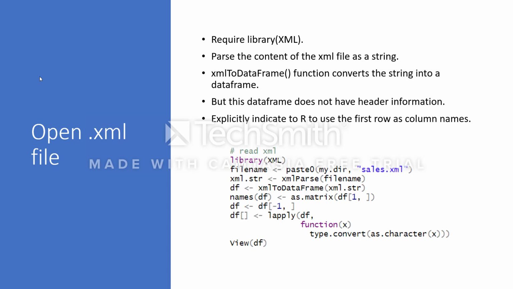But the problem is, after converting XML file content into string, it loses information whether it had a header or not. If the data has a header, it still reads the header, but just as a general row. So we have to explicitly indicate to R to use the first row as the column names.